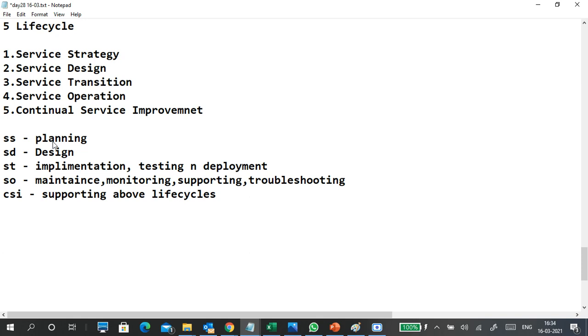Okay, so based on whatever has happened, we collect data from all the previous life cycles and support the life cycles when issues occur. We note everything. Next time we are planning, we'll improve things. Okay, we improve certain things, so then we don't get issues again.